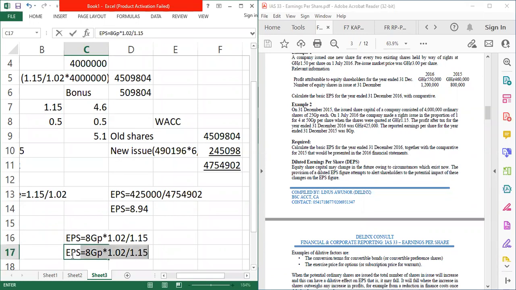Earnings per share is equal to what? 7.09. That will give us 7.1.